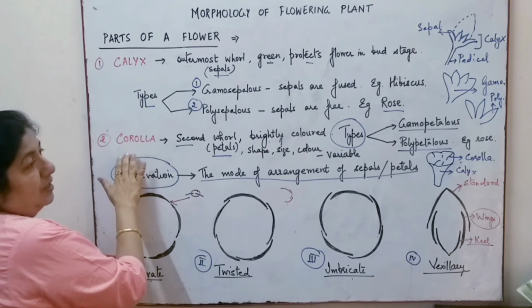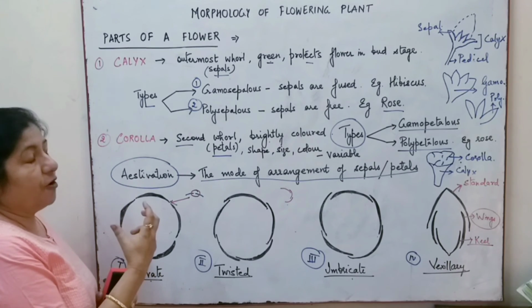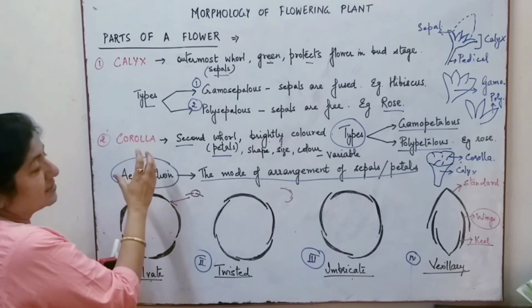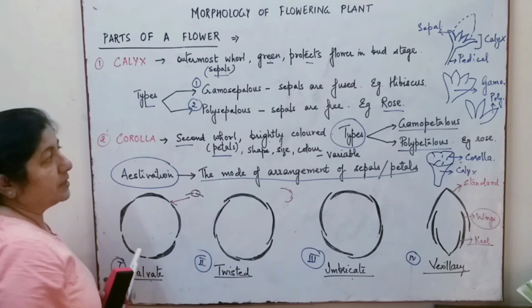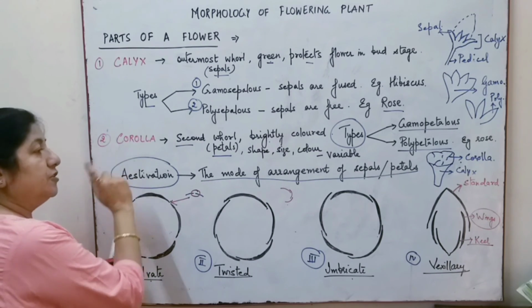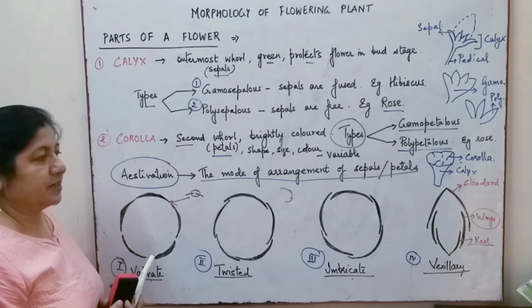Calyx and corolla are very important, and they form the accessory reproductive organs as they are assisting in the process of reproduction. The calyx may be in the gamosepalous condition or the polysepalous condition. The corolla may also show the gamopetalous condition or the polypetalous condition.